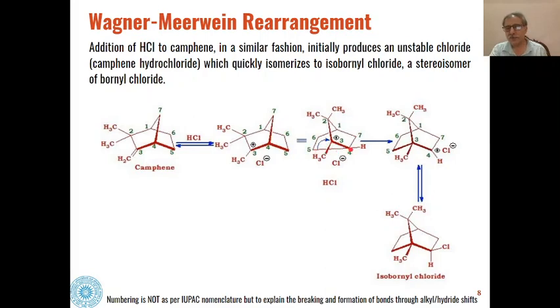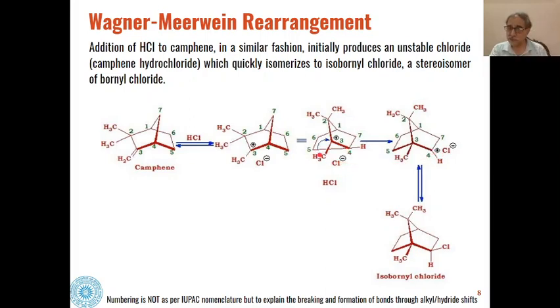So 3 and 5 bond is formed, 4 and 5 is broken, and that means when this electron pair goes to this place to form a bond, this 4 will now have a carbocation.